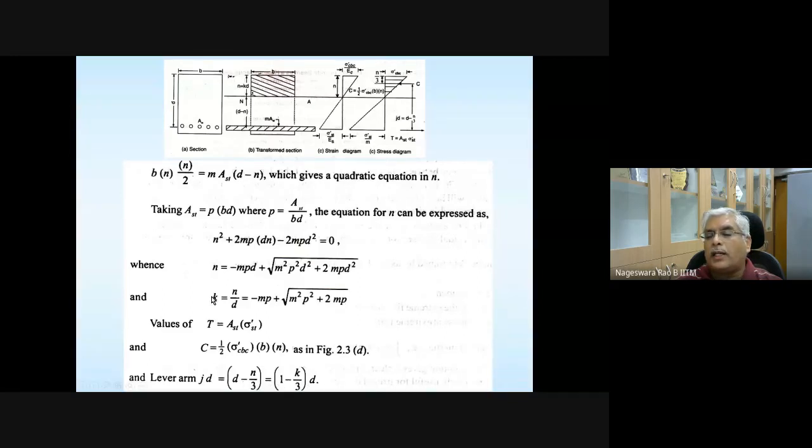Once you get the neutral axis depth factor, you can calculate this lever arm. You can prepare another column in that particular table showing the lever arm factor. Lever arm factor is 1 minus K divided by 3. Any questions?